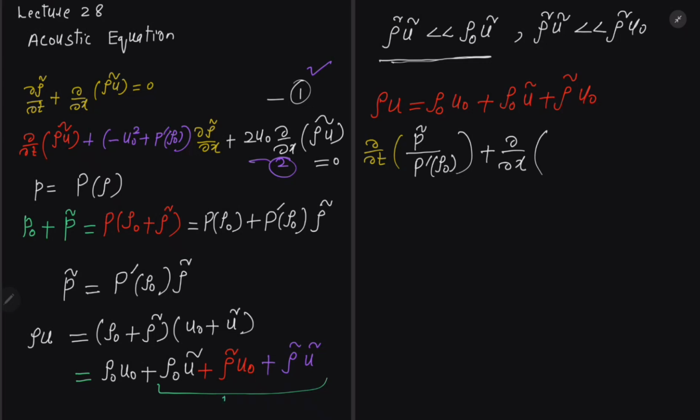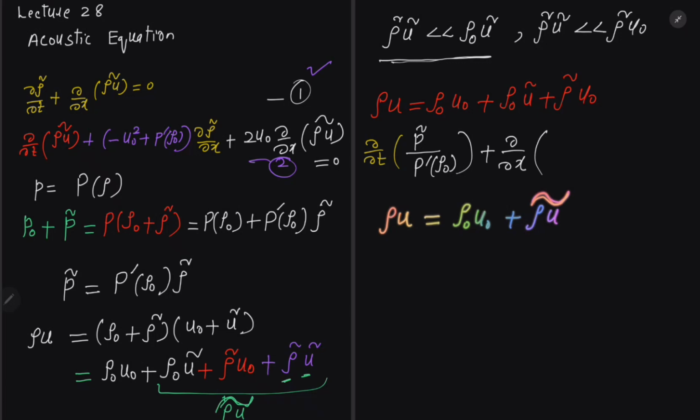It should be rho u whole tilde, not rho tilde and u tilde. Let me just explain it again so you do not get confused. Rho u will be equal to rho naught u naught plus rho u whole tilde.